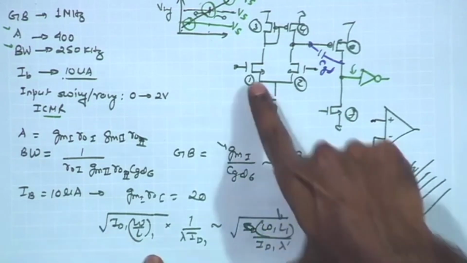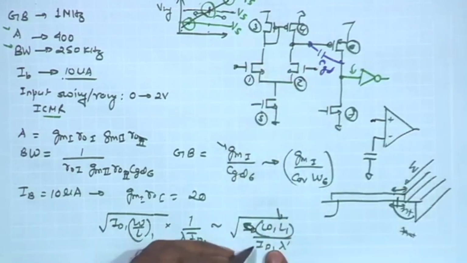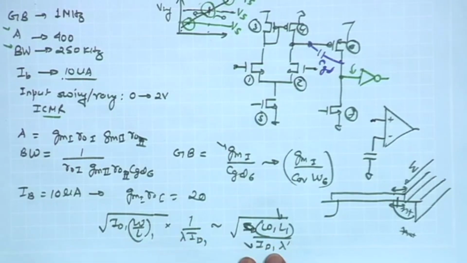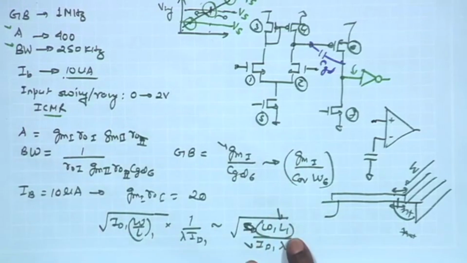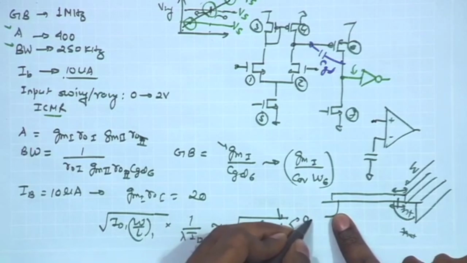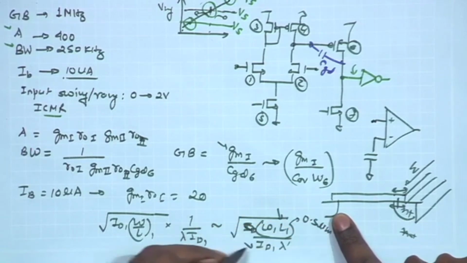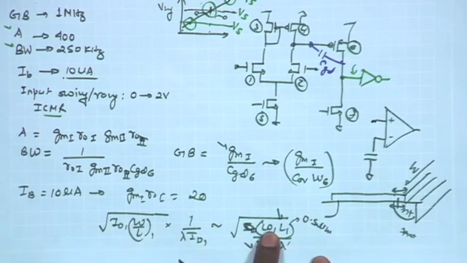That gives me the ID1 of the first stage. So, this is something we have started with, and likewise I have the L1 which I can start with. I can start with a nominal value of L1, say 0.5 micrometer, and you have the ID1 in both the stages. For that, basically I need to determine what is the W1 so that you get a sufficient gain of 20 from the first stage.